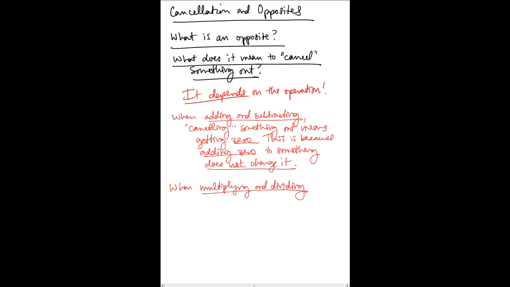When we're multiplying and dividing, canceling something out means getting 1, not 0. This is because multiplying 1 by something does not change it.